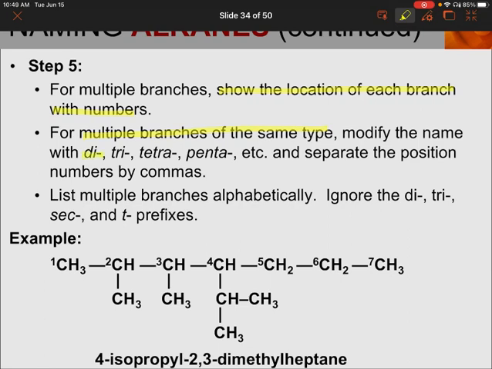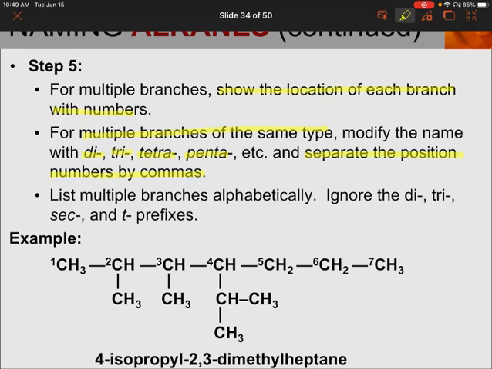So di would indicate that we have 2 of the same branch. Tri is 3 of the same. Tetra is 4 of the same. Penta is 5 of the same group, etc. Typically, you'll only see di and tri, for example. And then we're going to separate the position numbers by commas.